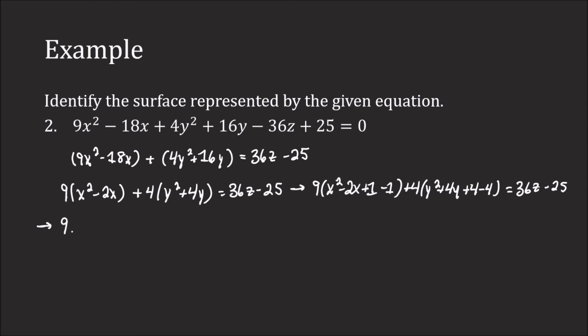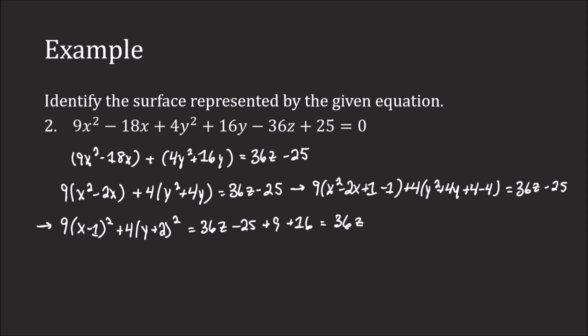So we have 9 times x minus 1 quantity squared, that was the whole point of completing the square, plus 4 times y plus 2 quantity squared equals 36z minus 25. But now we have this 9 times negative 1, so we have to add 9 to that side. And we also have this 4 times negative 4, so we add 16 to that side. So this winds up just giving you 36z.